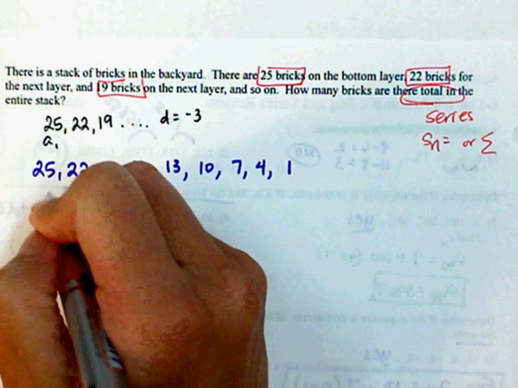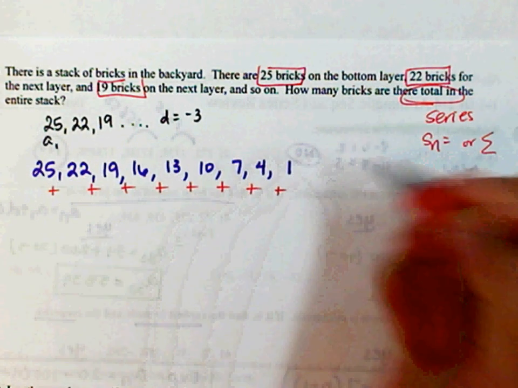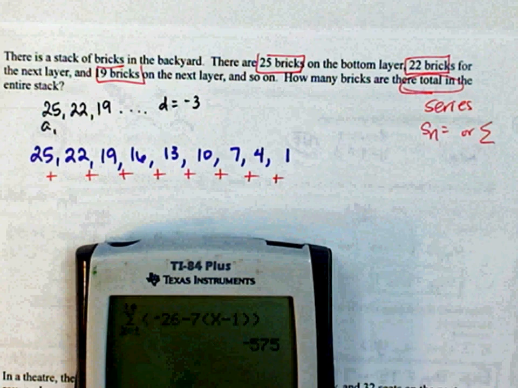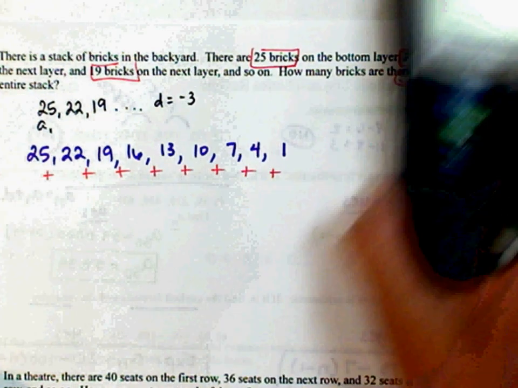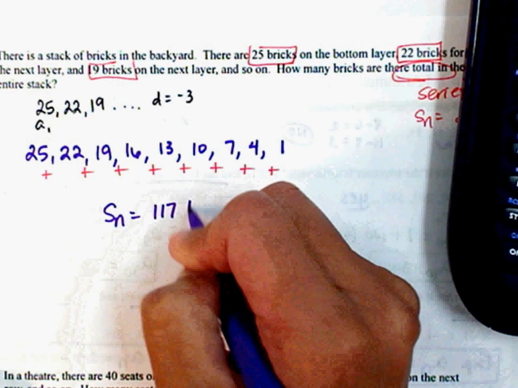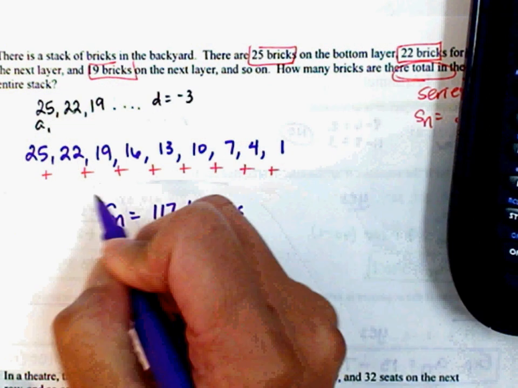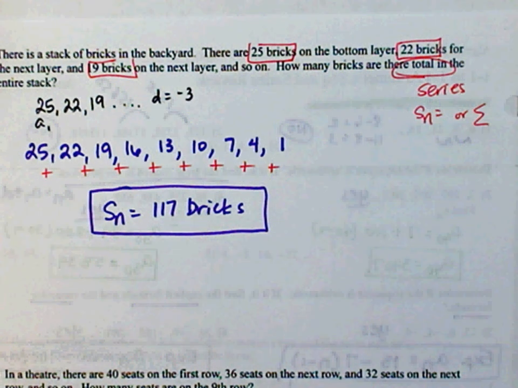We're going to use the list method. So 25 plus 22 plus 19 plus 16 plus 13 plus 10 plus 7 plus 4 plus 1 is 117 bricks. So we actually had to use the first method because the second and the third weren't going to work.